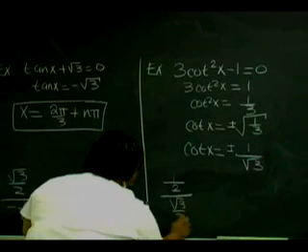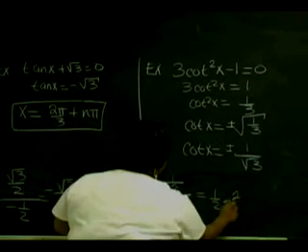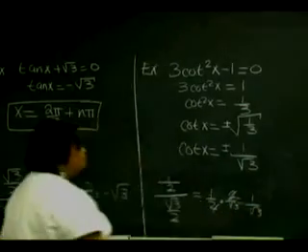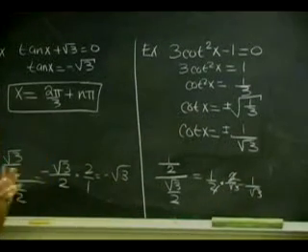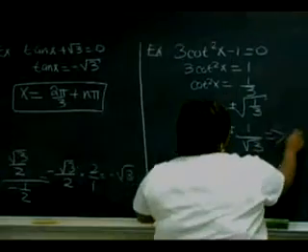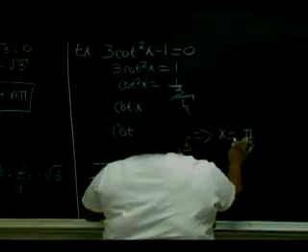Square root of 3 over 2. So this is 1/2 times 2 over square root of 3, which is 1 over square root of 3. So for these kinds of problems, maybe it's best not to rationalize so we can see these ratios better. So this means that one of my x values will be pi over 3.